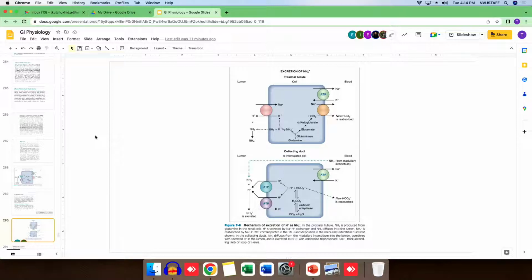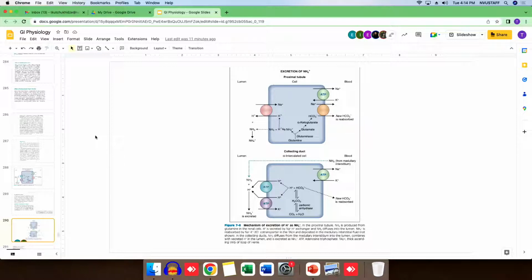So we have a sodium, ammonium, and chloride transporter. Usually it should be sodium, potassium, chloride, but in that case we have NH4 instead, and that is how it is reabsorbed back into the thick ascending loop of Henle.